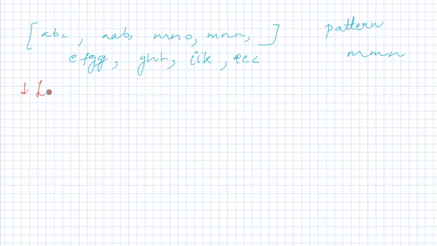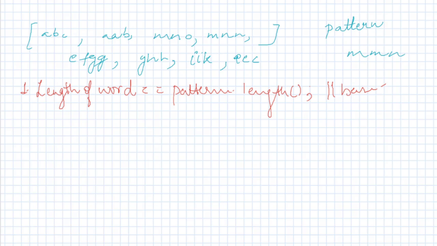So that means the length of the word should be equal to pattern.length. This is the primary condition, or you can say the base condition. Once this is followed, we'll come inside this. If not, then you're not doing anything.